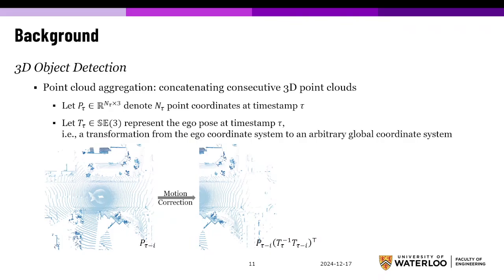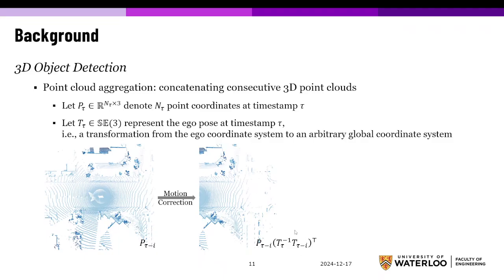So to do this, taking a previous point cloud where our ego vehicle is still approaching the intersection, p sub tau minus I, we basically want to apply the ego pose transformation, transforming this point cloud from the previous local ego vehicle coordinate system to a global coordinate system, and then back to the current ego vehicle coordinate system.